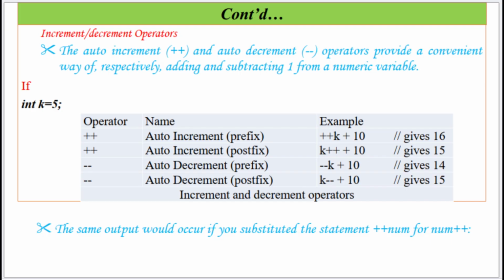If int k = 5, then: auto increment prefix, ++k + 10 gives 16; auto increment postfix, k++ + 10 gives 15; auto decrement prefix, --k + 10 gives 14; auto decrement postfix, k-- + 10 gives 15. The same output would occur if I substitute the statement ++num for num++.